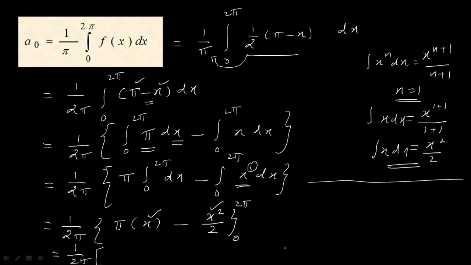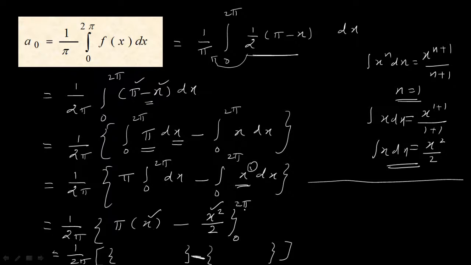Put a big parenthesis and sub parentheses. This is for upper limit minus lower limit. Now I have to put a big parenthesis that covers these two parentheses. This sub parenthesis is for your upper limit, minus. Always we substitute the upper limit value minus the lower limit value. So this other sub parenthesis is for your lower limit value.